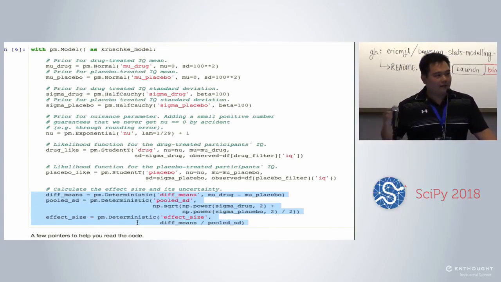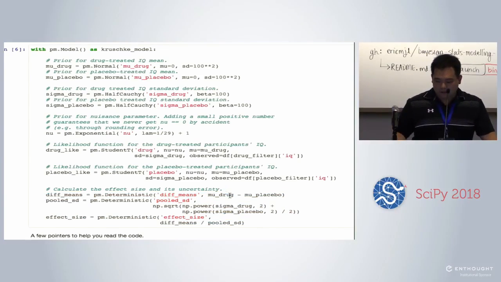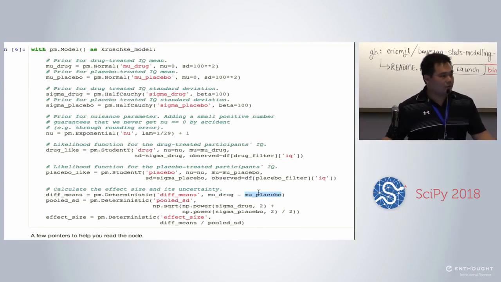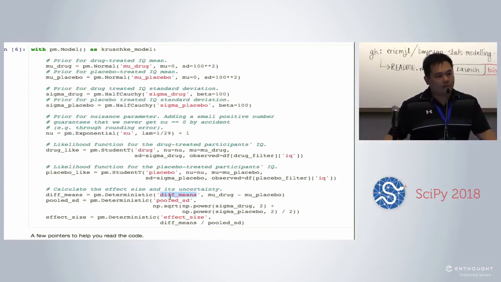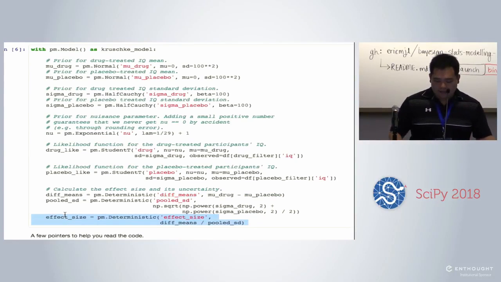We can take one probability distribution, mu drug, and subtract it from another, mu placebo, and we'll get back the proper probability distribution for the parameter we're deriving, called the difference of means. And then the effect size is also something that we can look at over there.